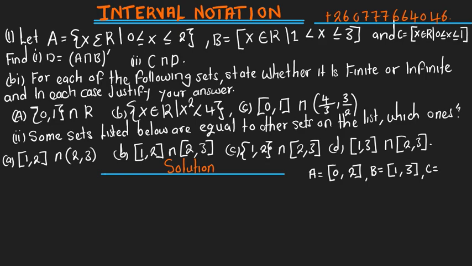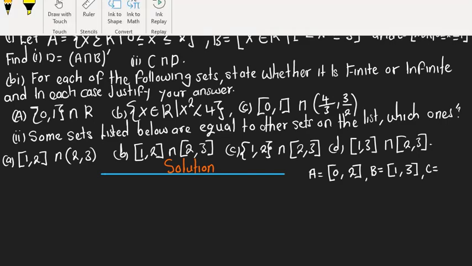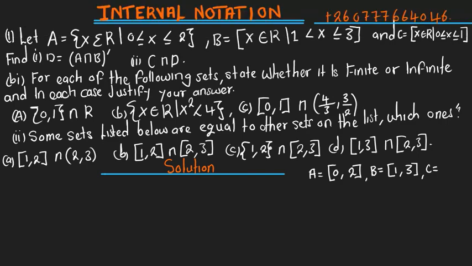Then C is a set where X is a member of all real numbers with, sorry, 1 is not inclusive. It's exclusive, because we just have a less than. Then at C, we know that 0 is included, and 1 is also going to be included.